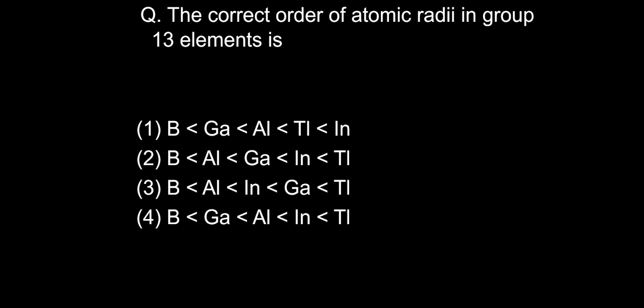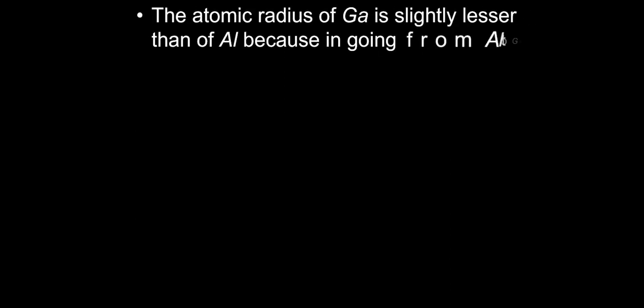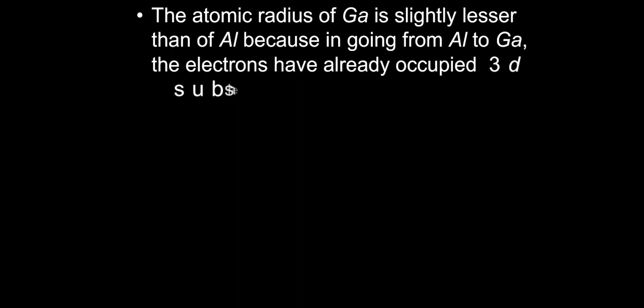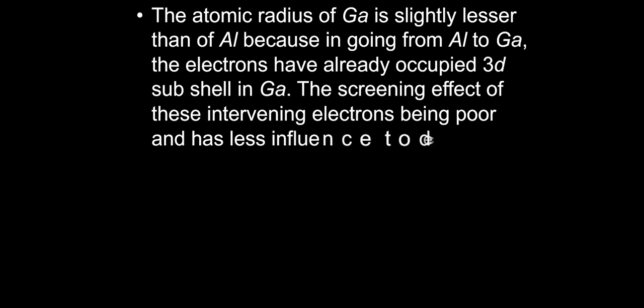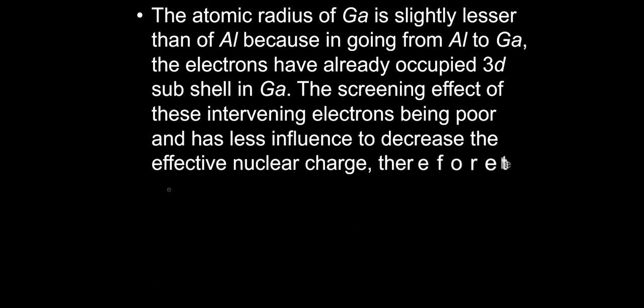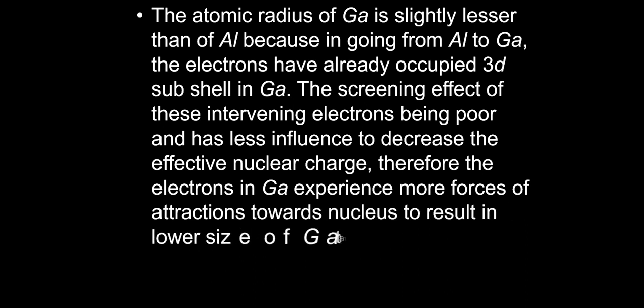Now what we need to understand is how the variation happens. There is an exception in group 13. The atomic radius of gallium is slightly less than that of aluminium. So remember that we have boron, aluminium, gallium. Gallium is below aluminium, so gallium must be bigger in size compared to aluminium. But if you compare gallium and aluminium, gallium is smaller in size than aluminium, which should not be.